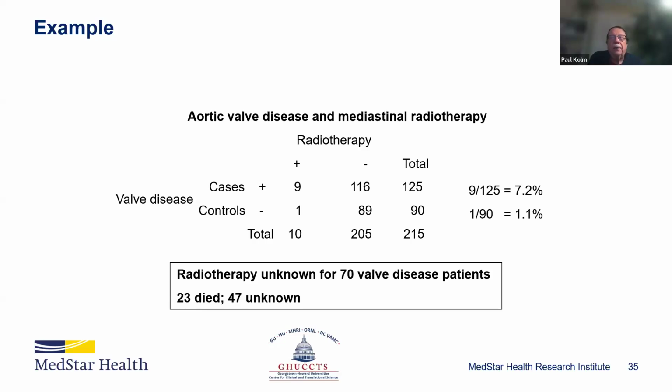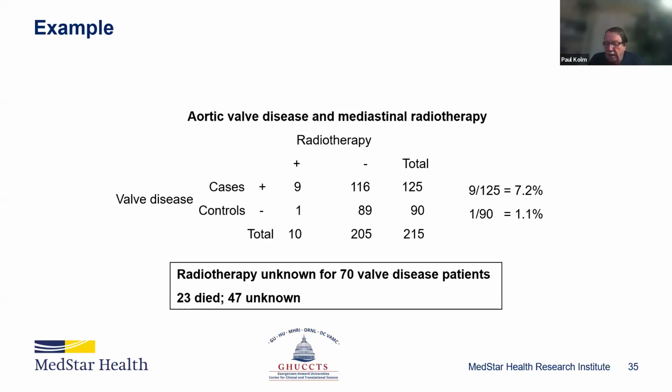So in terms of the predictive values, the positive predictive value would be 9 out of 125, or 7.2%. And I just put here the controls, 1 out of 90, which is 1%.